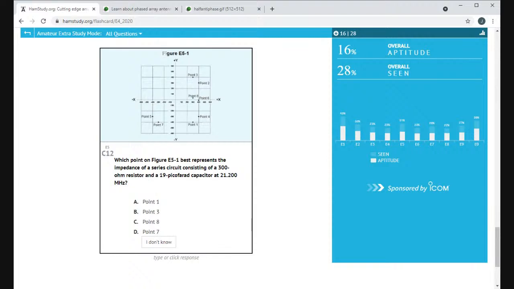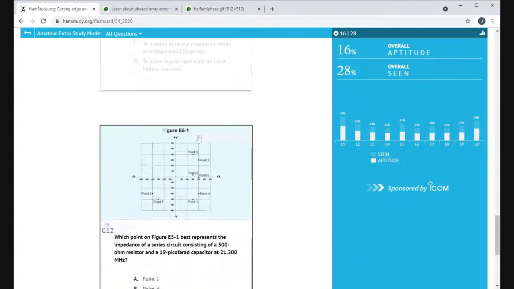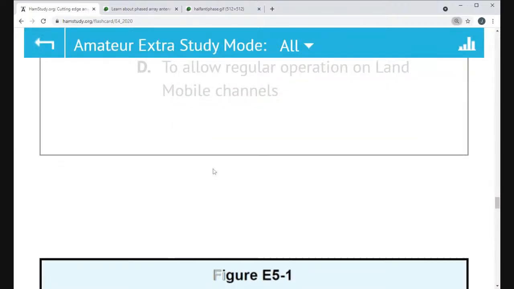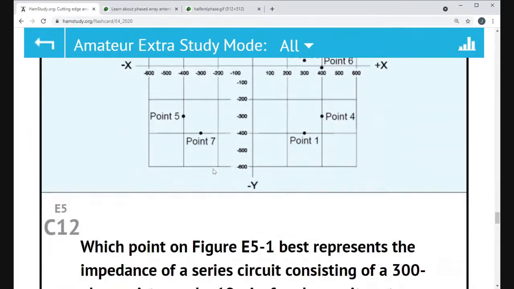Which point on figure E5-1 best represents the impedance of a series circuit consisting of a 300 ohm resistor and a 19 picofarad capacitor at 21.2 megahertz? Let me zoom in so I can actually read these points.